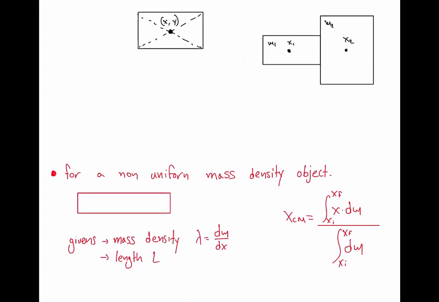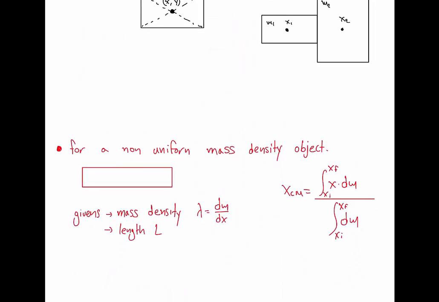Usually there will be a given linear density lambda, so the first thing we need to do is solve for dm, which is lambda times dx, and replace this dm in these laws. Now, the integral of dm actually means the total mass of the object.